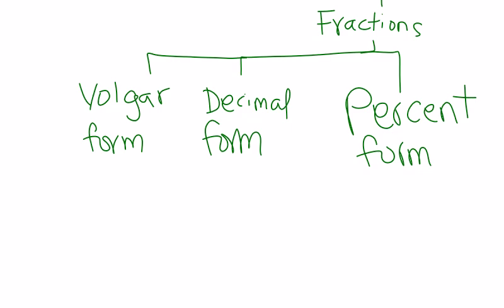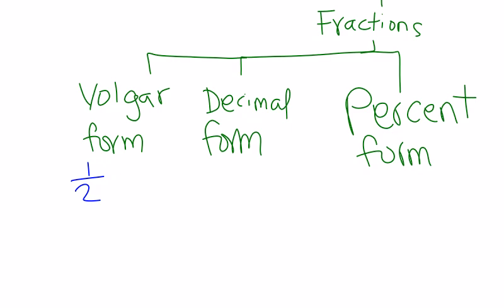For example, when I write 1 over 2, I mean this is a fraction, but the form of fraction that I wrote here is the vulgar form. 1 over 2 means 1 divided by 2, or 1 split into 2, or 1 out of 2.